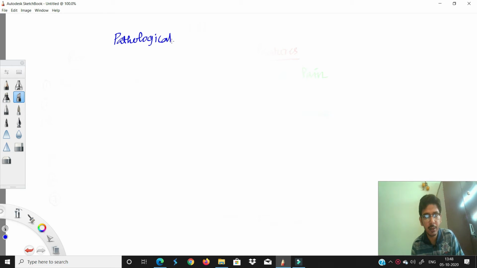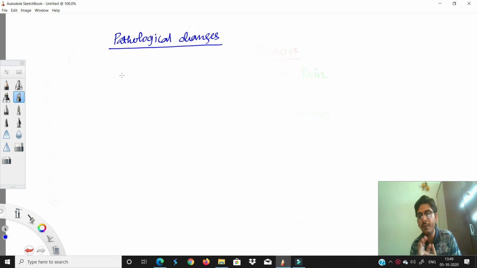In this case, you know that the total esophagus is lined by simple squamous epithelium cell layer, and the stomach part is lined by intestinal columnar epithelium cell.